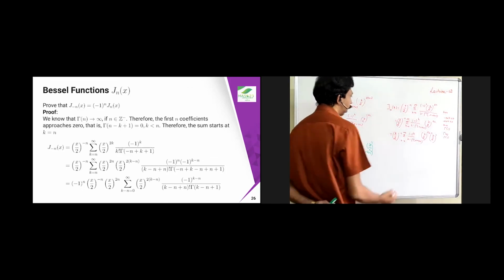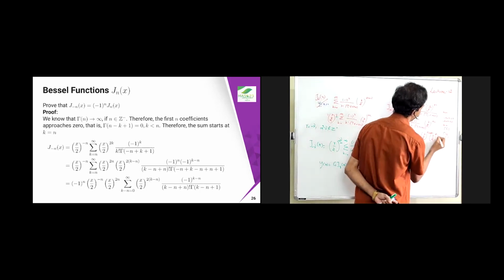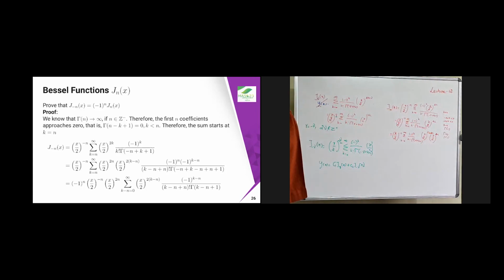Sorry, 2n, I think. Yes, 2n. I am just multiplying and dividing by (x/2) power 2n.